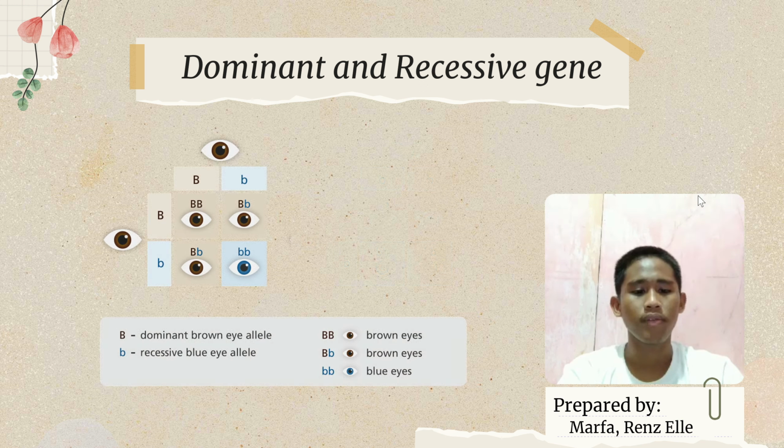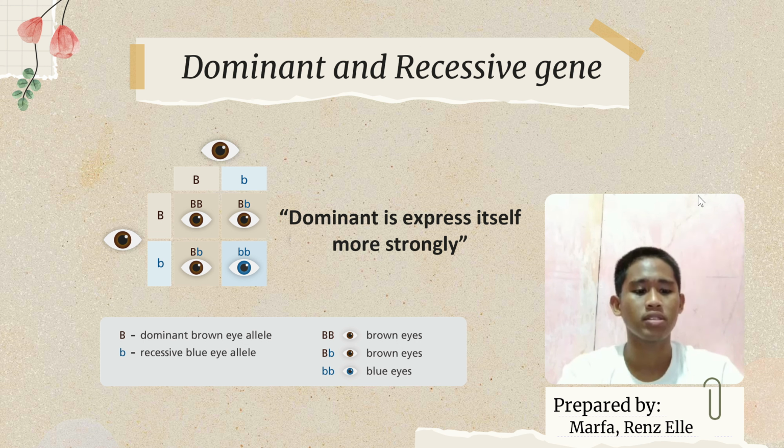For example, the allele for brown eyes is dominant. Therefore, you only need one copy of the brown eye allele to have brown eyes. Even if you have two copies or one copy, you will still have brown eyes because, as I said earlier, the dominant allele expresses itself more strongly.